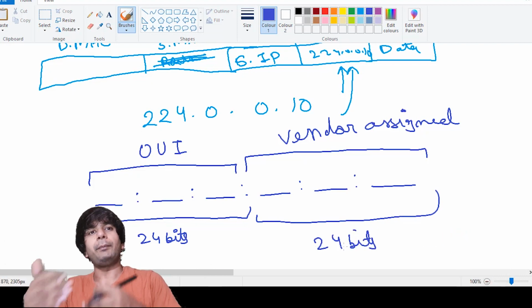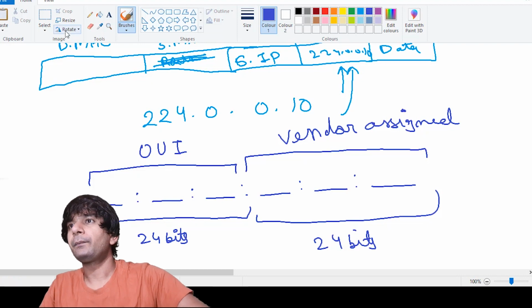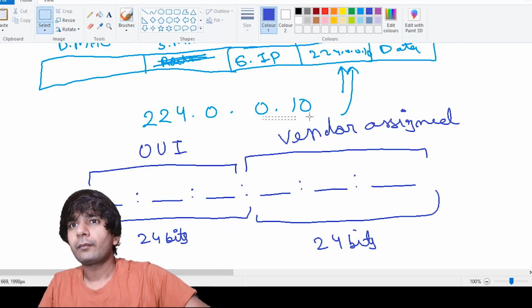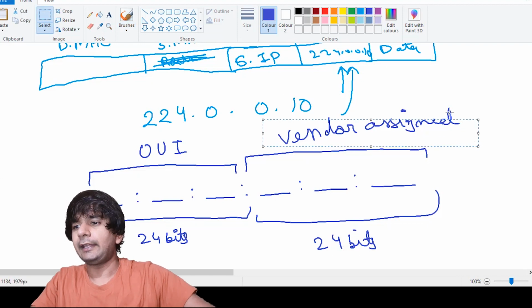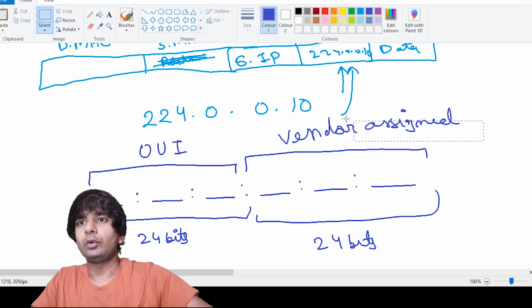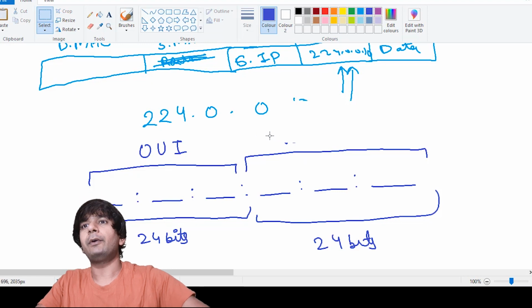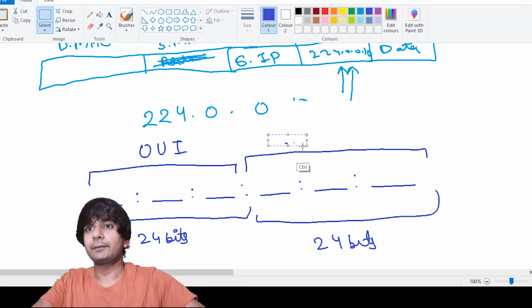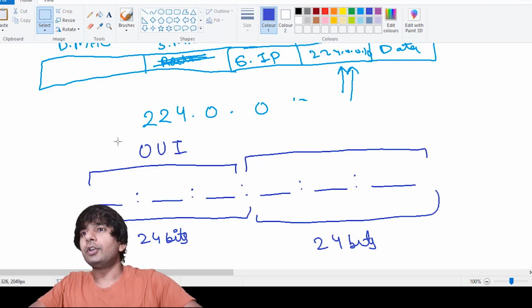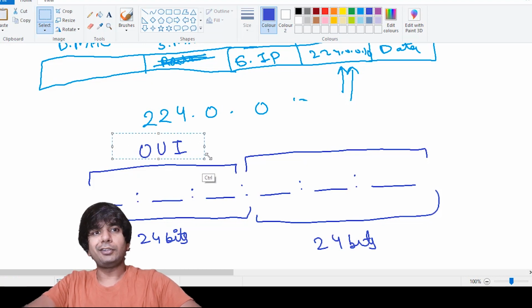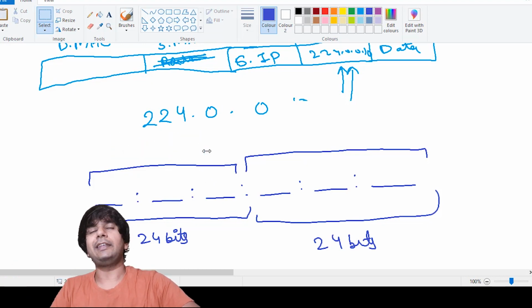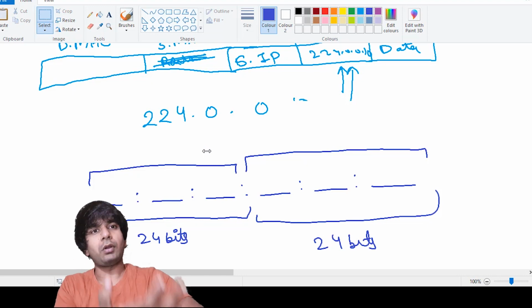But when it comes to the multicast concept, no vendor is going to assign any multicast MAC, right? Because we are going to derive the multicast MAC, guys, with the help of the multicast IP address. Understood? So there will not be any OUI, any organizational unique identifier, because a multicast doesn't belong to any particular organization.